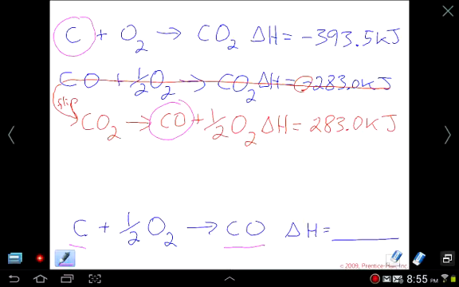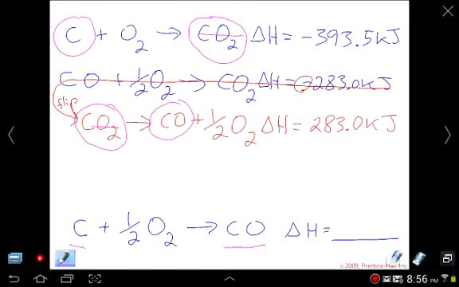The way to see this happen is that the CO2 on the right side cancels out with the CO2 on the left side. So these being on opposite sides will cancel out. If you take a look, this one's on the right side of the arrow, and this one's on the left side of the arrow.